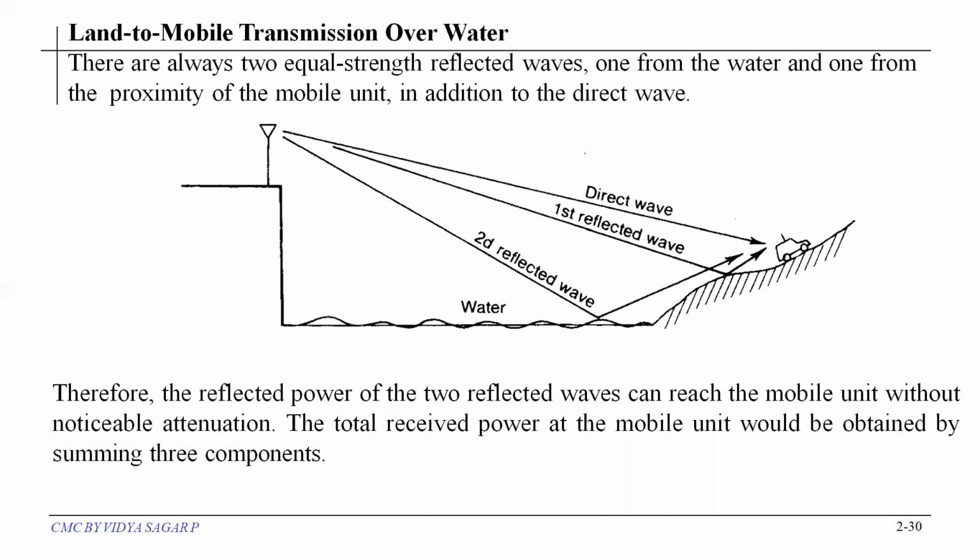There are two conditions. One is between two fixed stations, and the other one is land to mobile transmission. In propagation over water, there are two conditions. One is between two fixed stations.